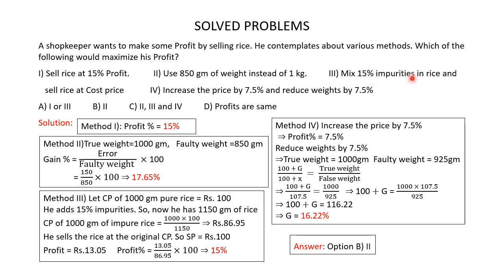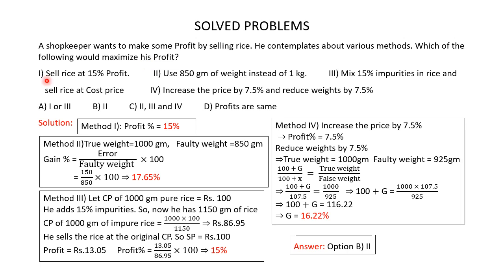Mix 15% impurities in rice and sell rice at cost price. Method 4. Increase the price by 7.5% and reduce the weight by 7.5%. Here you are given 4 options and you have to find out which of these options is the correct one. So here you have to find out in which of these methods the shopkeeper's profit would be the maximum.